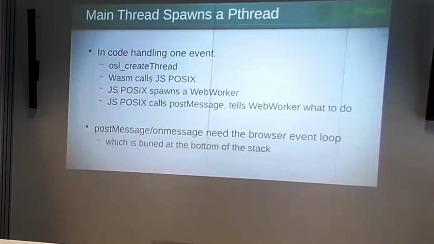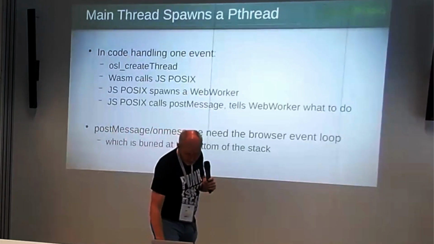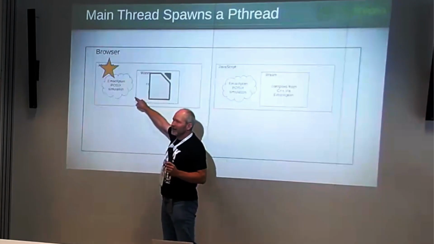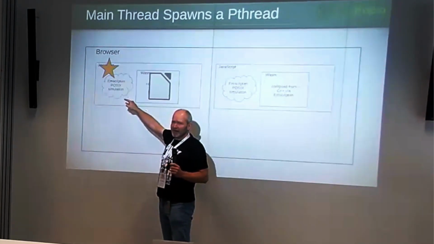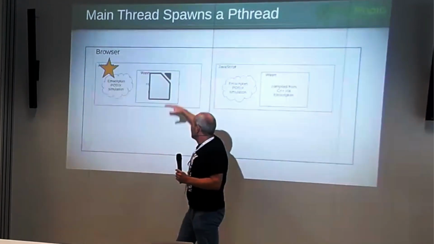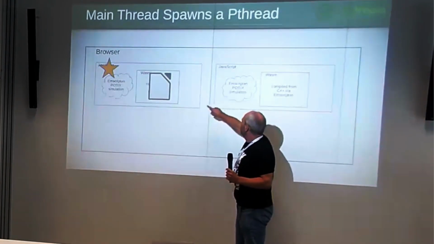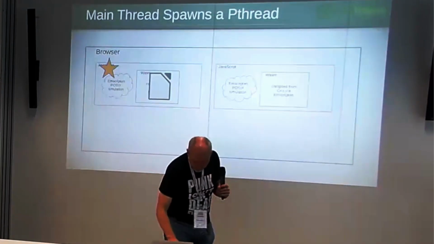For this communication to work between these two instances, this one has to go down to the bottom of its stack, back to the browser event loop again. But we are in our code up there somewhere. The browser event loop is again blocked. So this can't talk to that to tell it what to actually do. So we are blocked again.